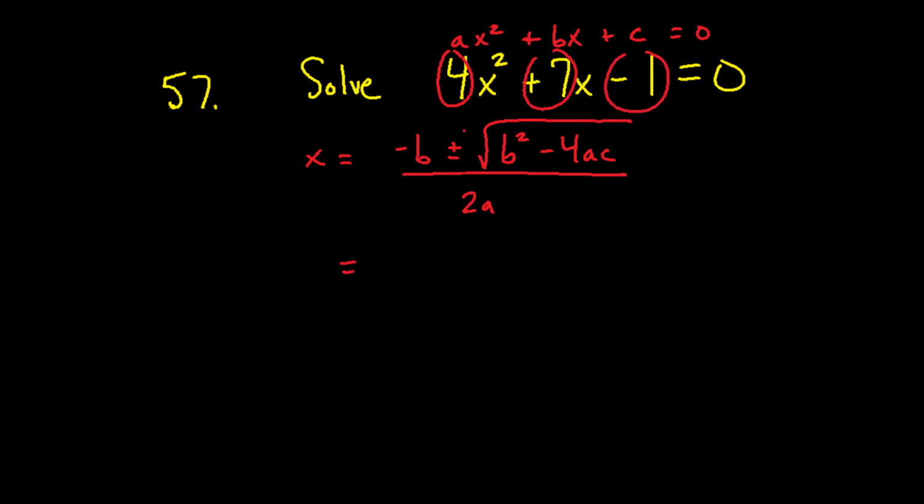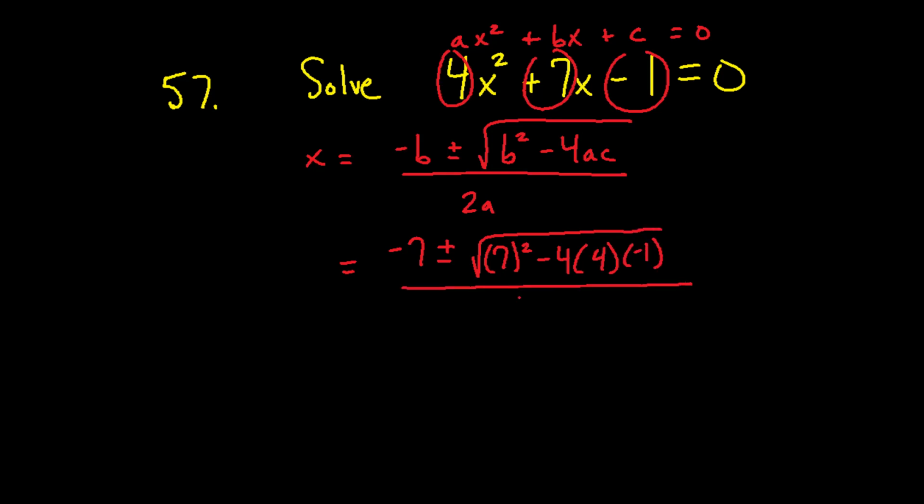So when you plug those in, opposite of b, which is negative 7, plus or minus square root of b squared minus 4 times a, which is 4, times c, which is negative 1, all over 2 times a, which is 2 times 4. So we just need to simplify this problem.